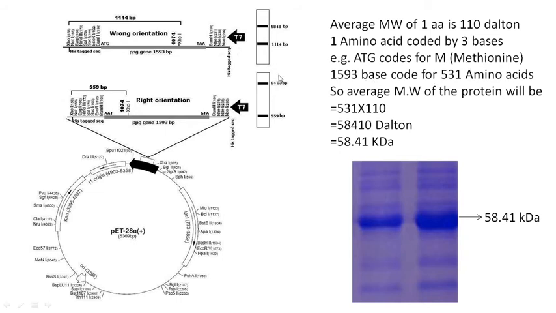So I have given you the example of this gene, which is 1593 bases, so it can code for 531 amino acids. The average molecular weight of that protein will be 531, the number of amino acids, multiplied by 110, so that will be 58,410 dalton, equivalent to 58.41 kilodalton. So the gene of 1593 base pairs will produce a protein of 58 kilodalton.